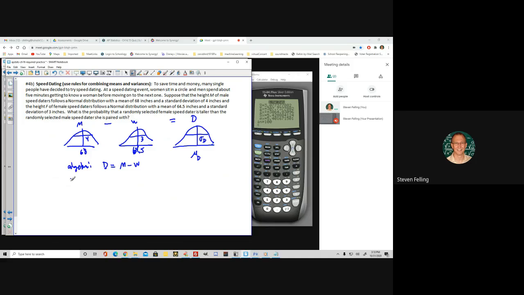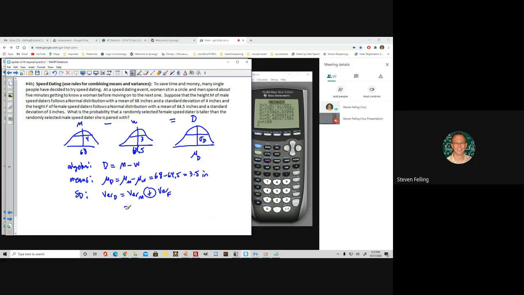And then for the means, it's going to exactly follow the algebra. The mean of the difference is equal to the mean for the men minus the mean for the women. This is exactly what I would write. So that'd be 68 minus 64.5, which is 3.5 inches are the units. Okay, but for the standard deviation, it would be the variance. The variance of the difference is equal to the variance. The first source of variation is the men, and then I'm adding, because variances always go up if I add more sources of variation, for the females.